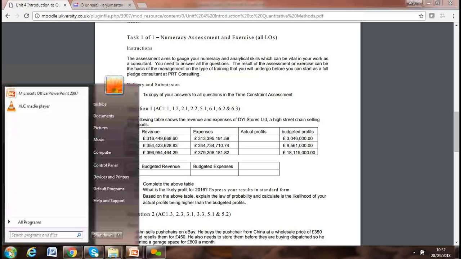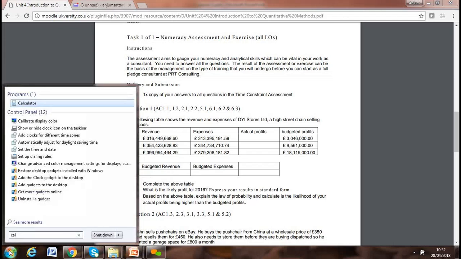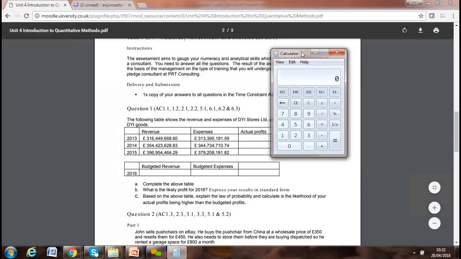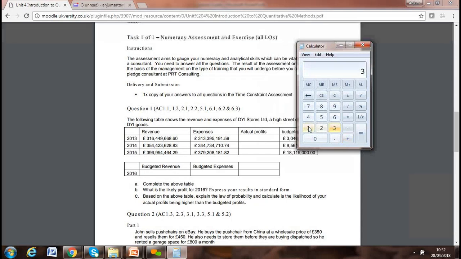So we'll use the calculator. My revenue is 316449668.6, and my expenses are 313,591.59.